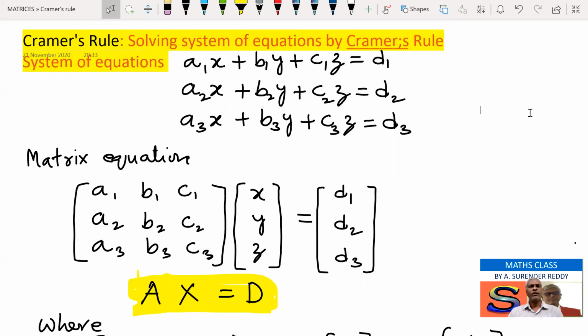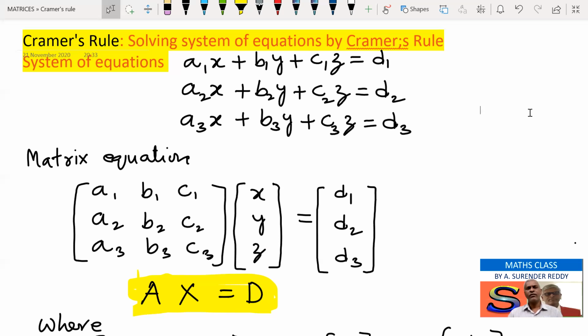It is a very important concept, solving the simultaneous equations in this chapter. Long answer type questions will be asked in the exam. Very, very important for your exam point of view.